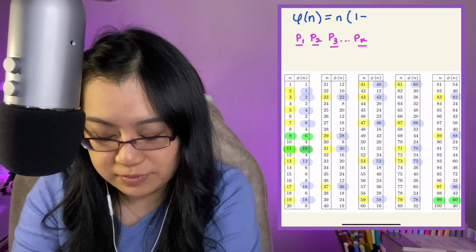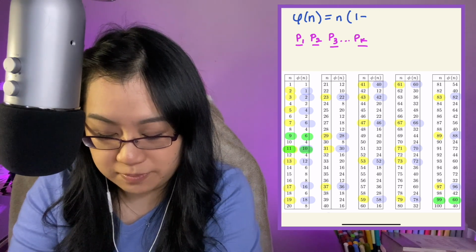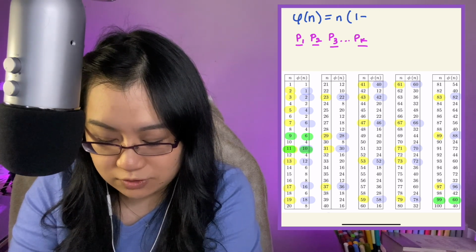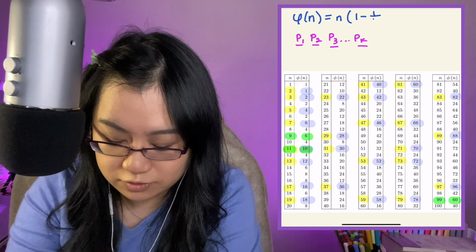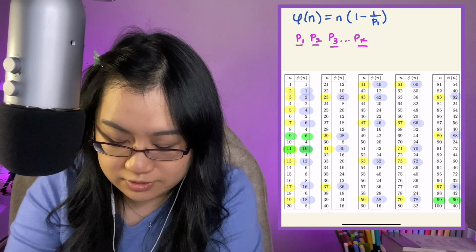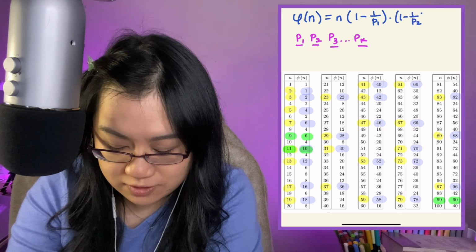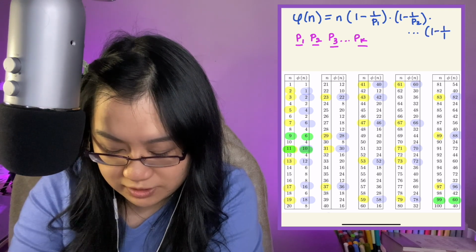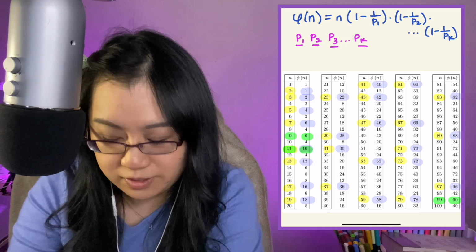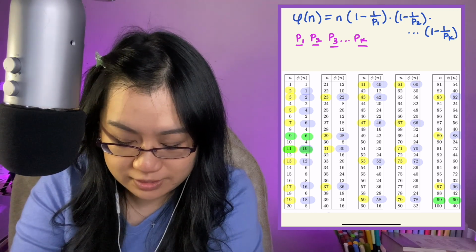So again, it doesn't matter what power you raise them to, you just take the base prime number. So you take your original n and you multiply it by 1 minus 1 over p1 times 1 minus 1 over p2 times ... 1 minus 1 over pk. So 1 minus the reciprocals, and then you multiply all of that by n.